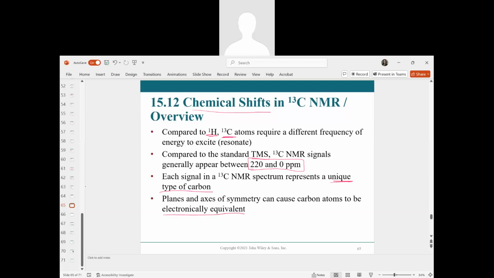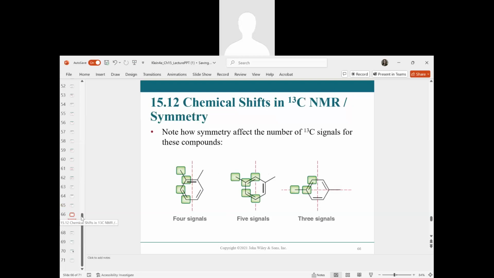We see that again with both planes and axes of symmetry in atoms, and therefore we see a reduced number of signals than there are carbon atoms when we have these electronic environments. So there are a lot of similarities and a lot of differences, but the number of signals is affected by the number of distinct carbon-13 atoms in each compound.